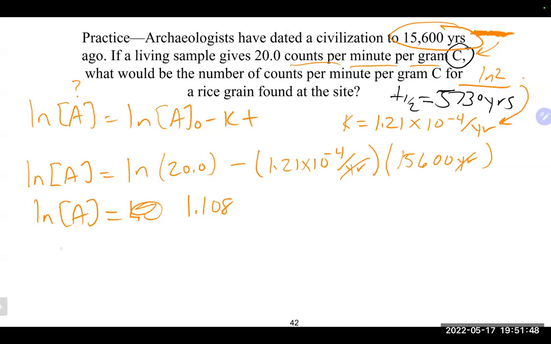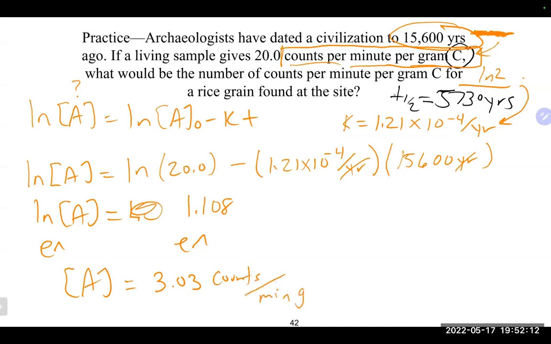Looks good. Once again, we take e to both sides to get rid of the natural log, giving us a final count of 3.03, and the units would match the original, which would be counts per minute per gram of carbon in this case.